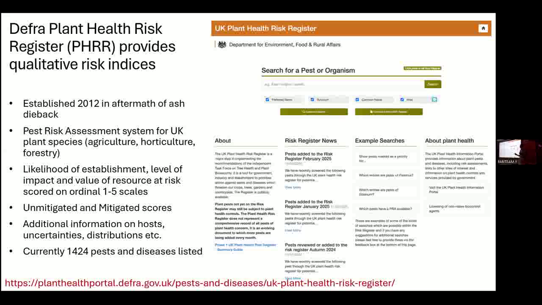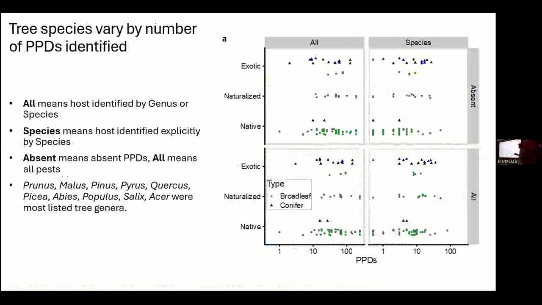Importantly for this discussion, relative risks, so ordinal risks of arrival and establishment, likely damage levels, known host range, and what they call the value at risk, so what the economic impact would be. Okay? So let's take a little look at the data.